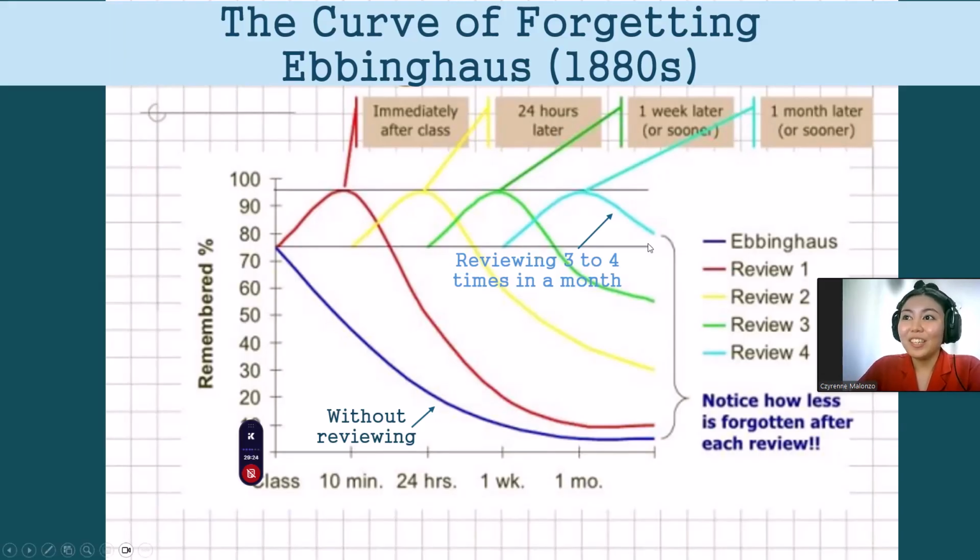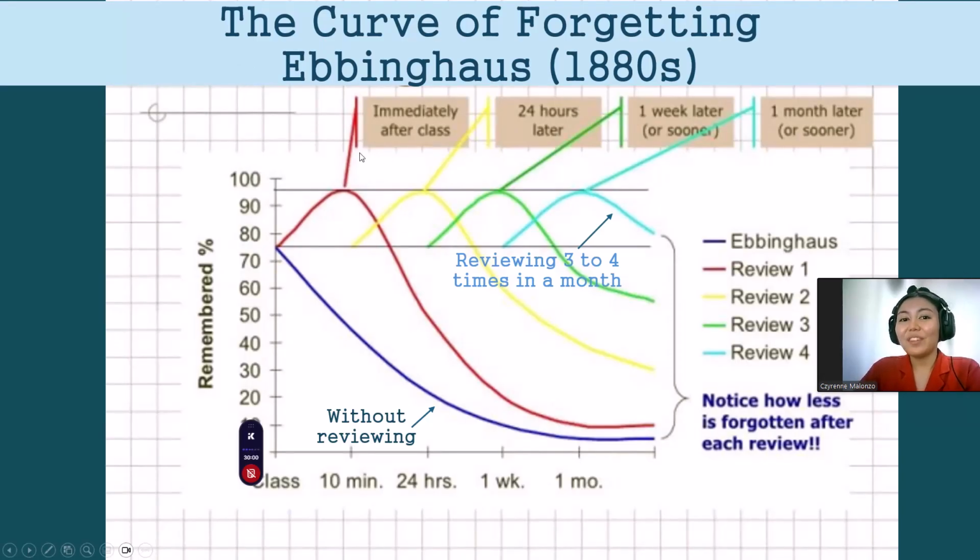You can see that 80% of what they learned remains in their brain. This blue line shows when you are not reviewing, and this light blue line shows what happens when you are reviewing. And that is how the curve of forgetting works.